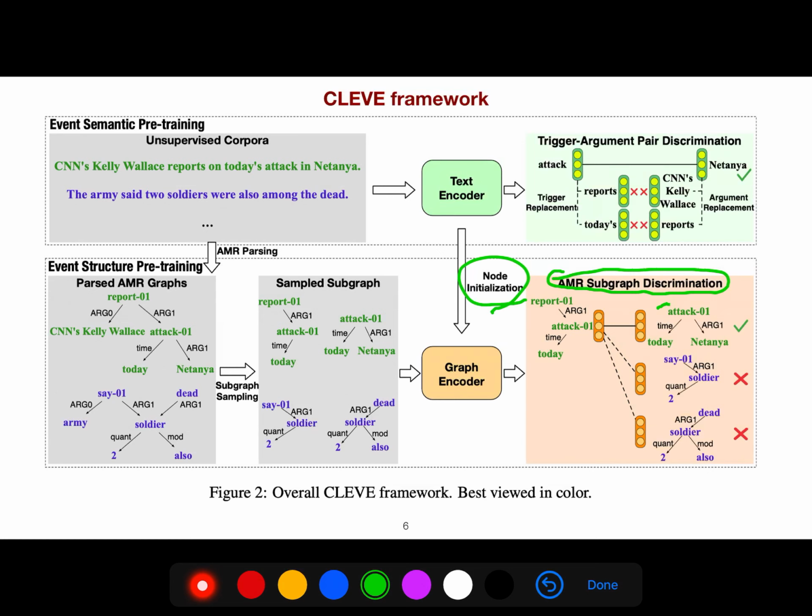For example, attack today, so this subgraph, this subtree, and there is another point, report, attack today, this one, and report 01 attack. These are sample things. So you can either sample like this.